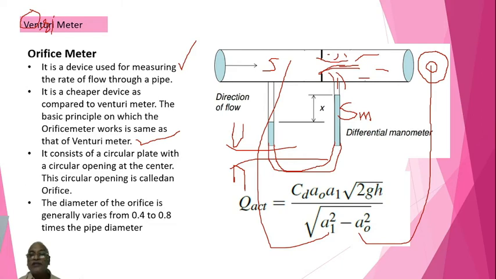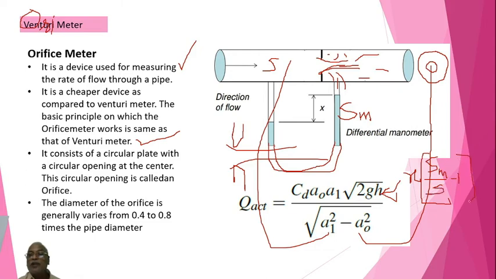Then this H is given by X into bracket Sm by S minus 1.